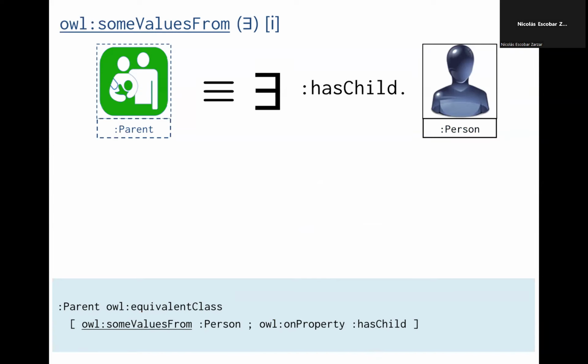It basically states that a parent, in this case a human parent, implies having a child. So a parent is equivalent to having a child that's a person. Here we're implicitly assuming a human or person parent, and that whatever has a child that's a person is a parent.